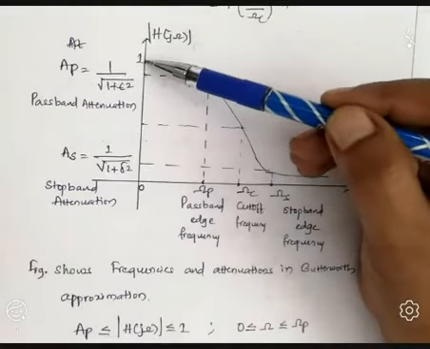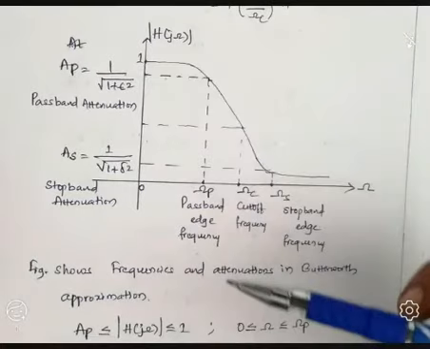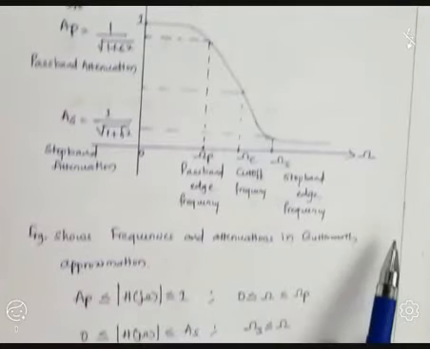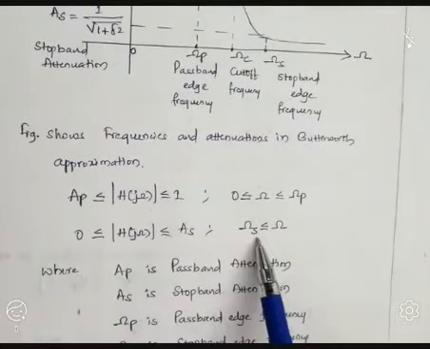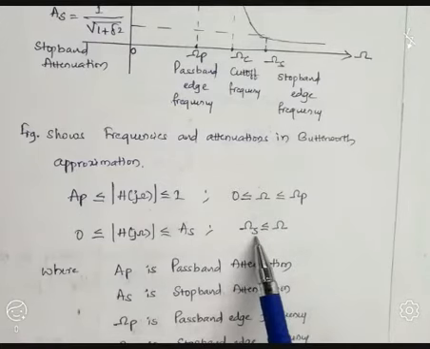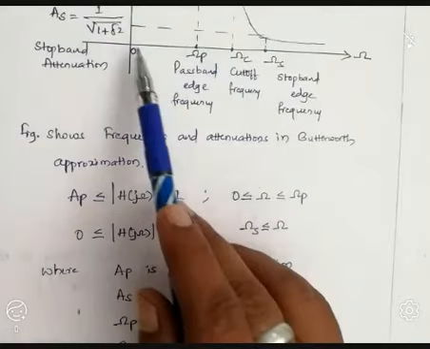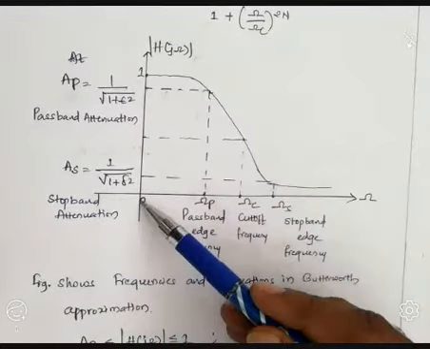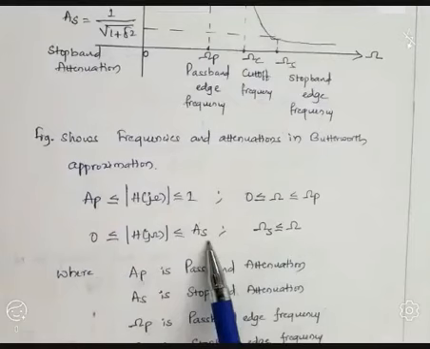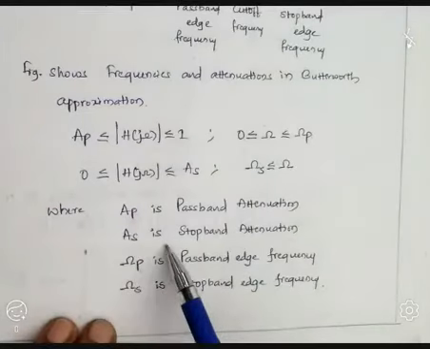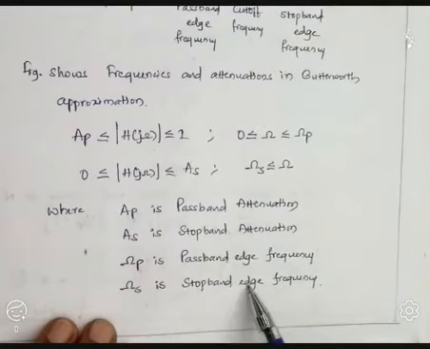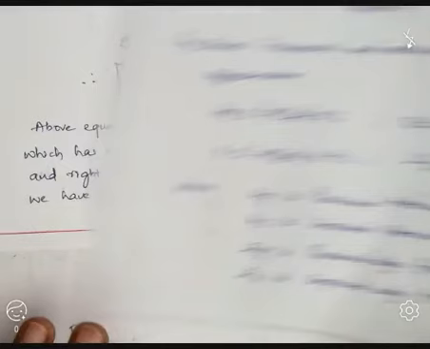This amount of magnitude is present when omega lies between 0 to omega p. Similarly, second case, if the frequency value is greater than omega s, then the magnitude lies between 0 and AS, where AP stands for pass band attenuation and AS stands for stop band attenuation. Omega p is the pass band edge frequency, omega s is the stop band edge frequency. Let's see how to calculate the order of the filter.